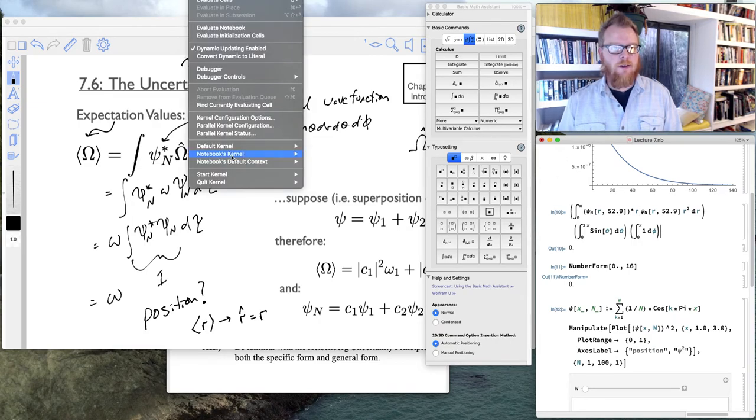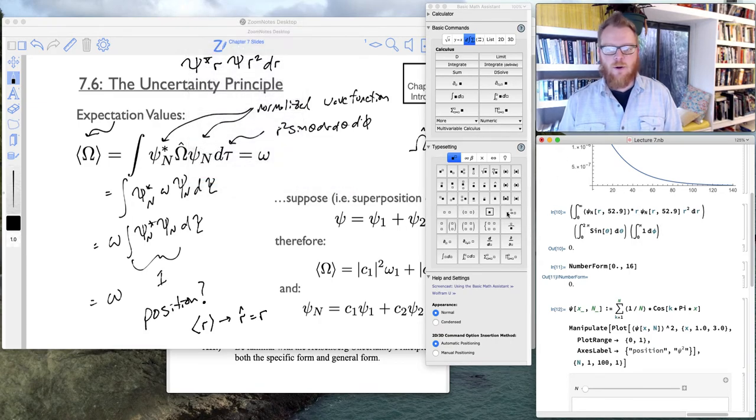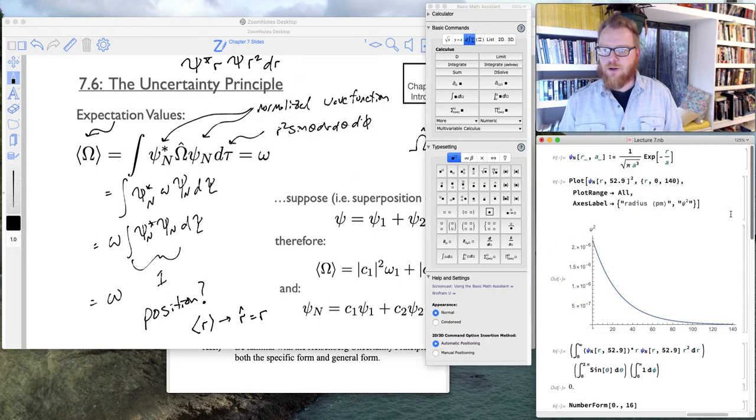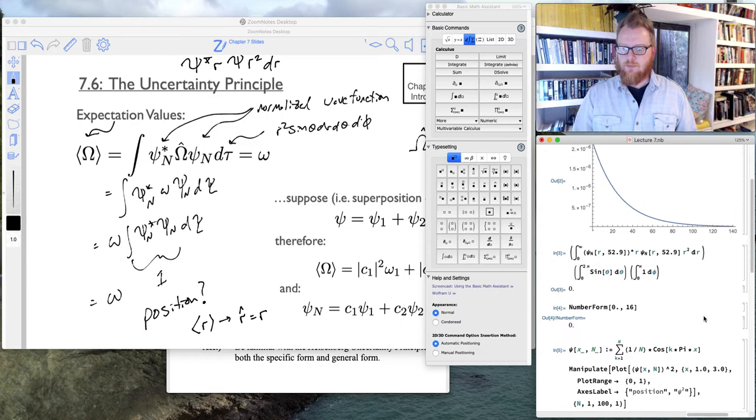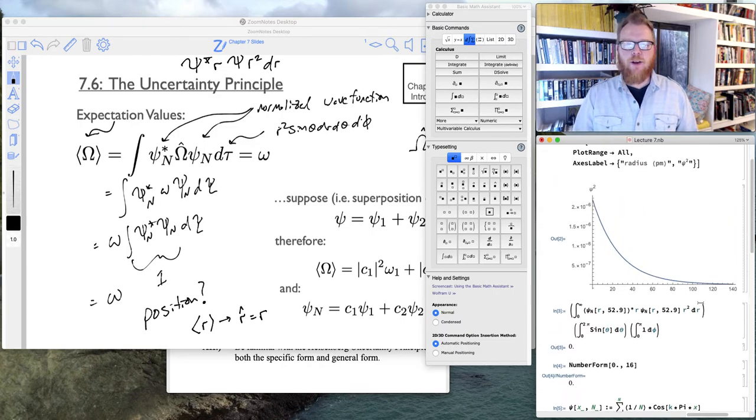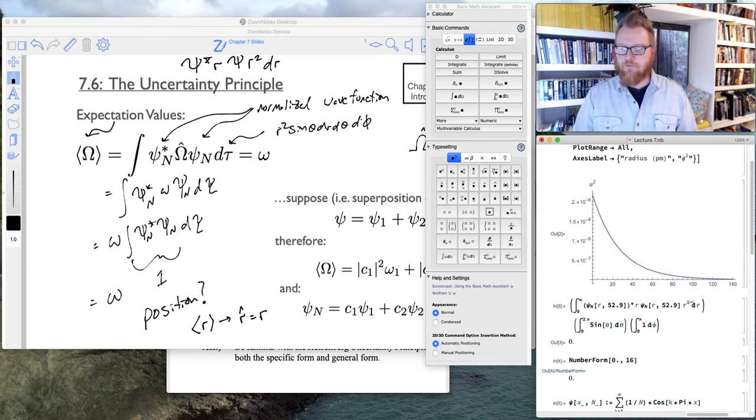So let's see, evaluate kernel, local, do it all up. Okay, let's make sure my wave function looks okay up there. I defined it as psi of r and everything like that. Nope. Well, you'll have to trust me that it is supposed to work.